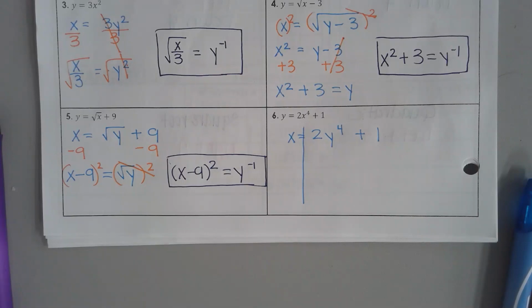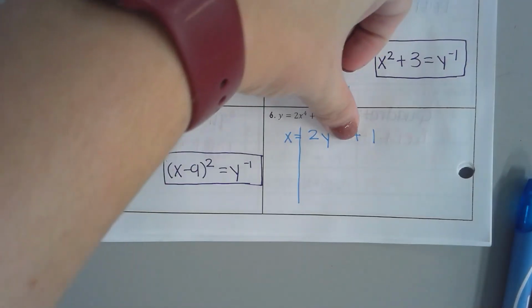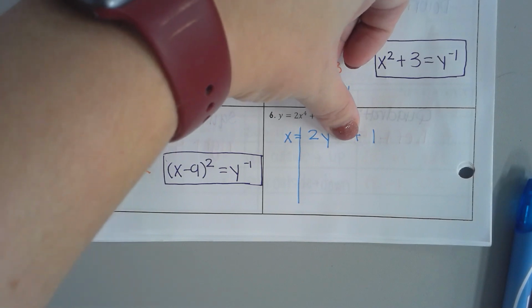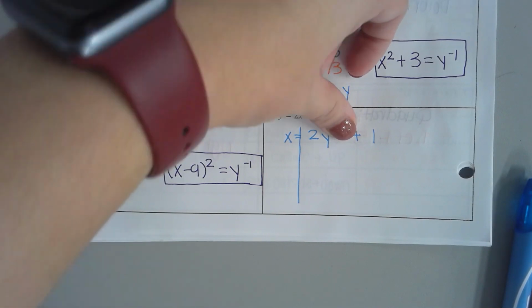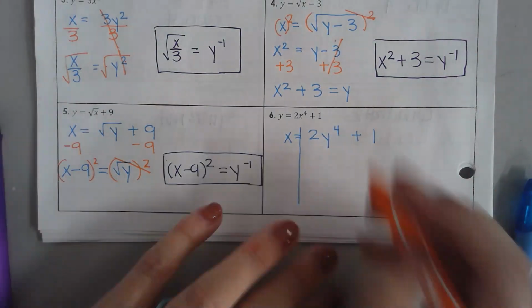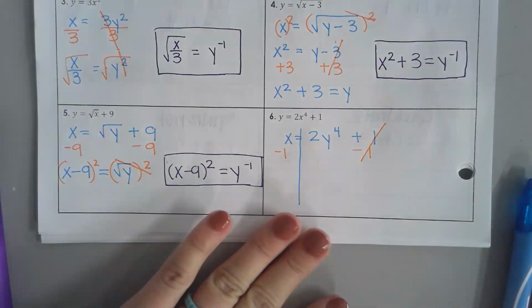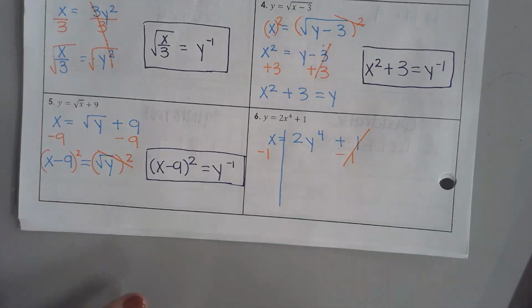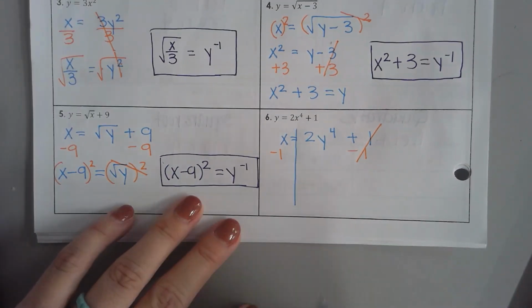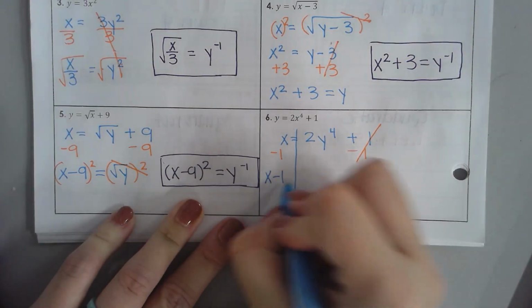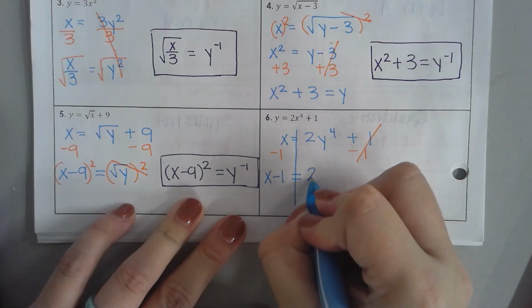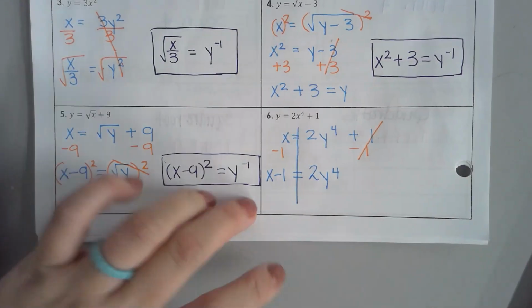Alright, now, what do you think? If we just pretend that 4 is not there, what step would you do first? Subtract 1. Those cancel. I have x minus 1 equals 2y to the 4th.